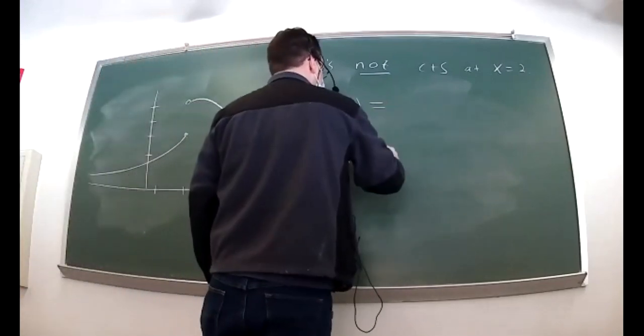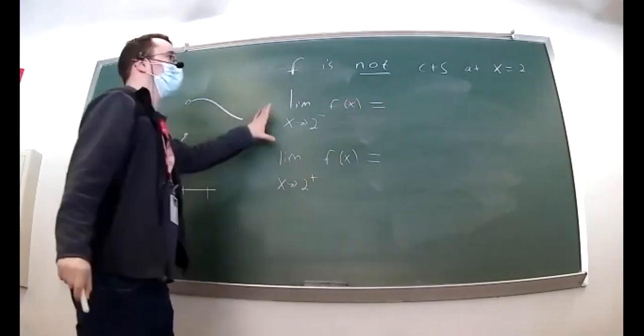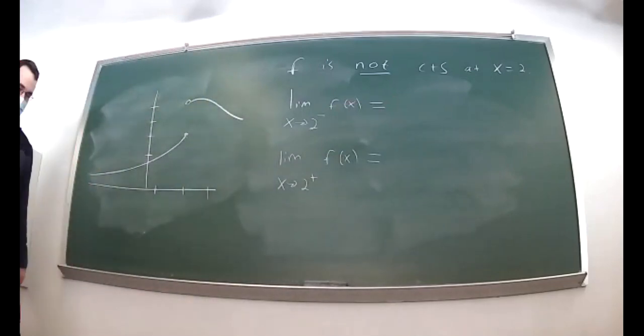And please put your answer in the chat. What are the two limits? What are the left and right hand limits?